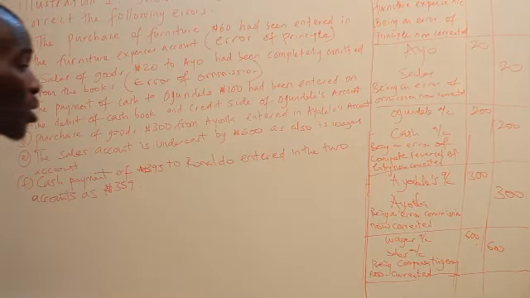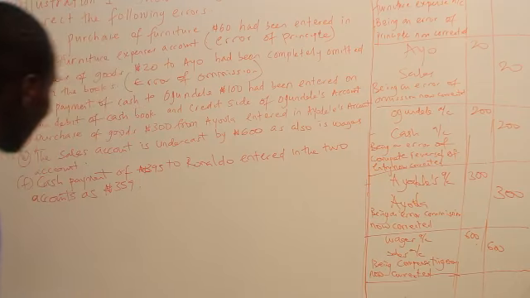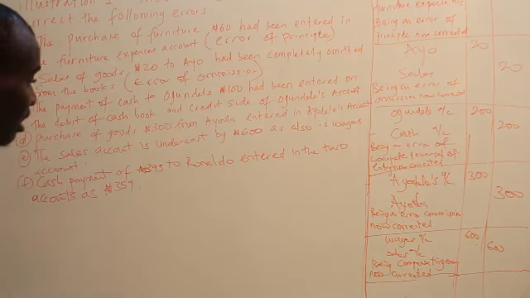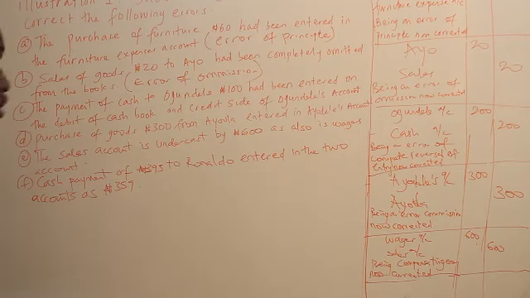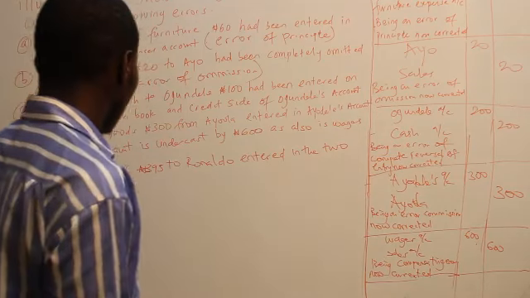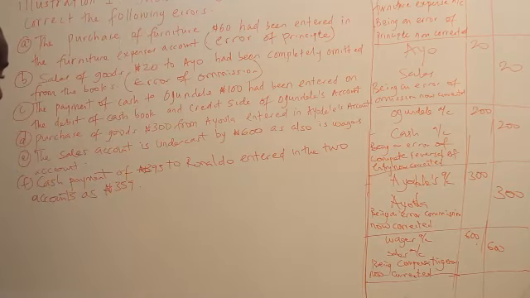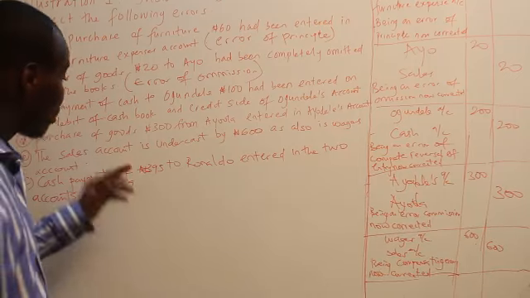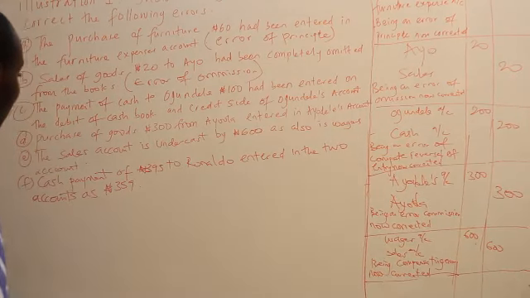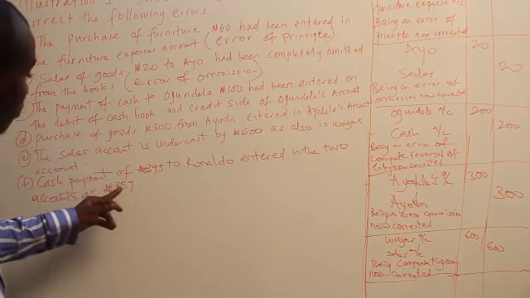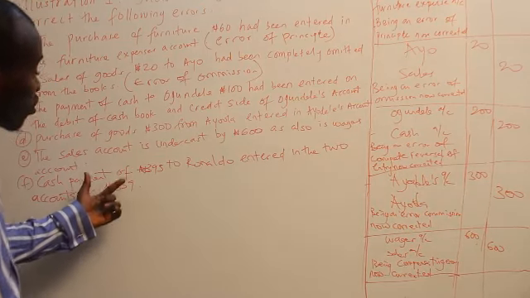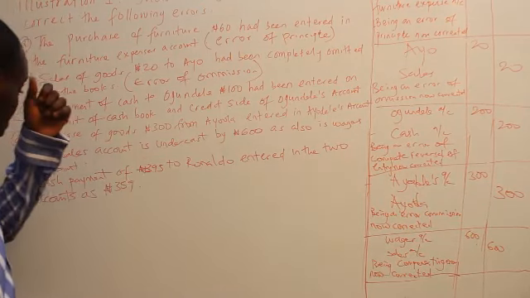So what are we going to do? We have to increase Ronaldo's account by a certain amount. Since Ronaldo's account was debited by the wrong figure, we have to increase the wrong figure to the original figure. How can we do that?